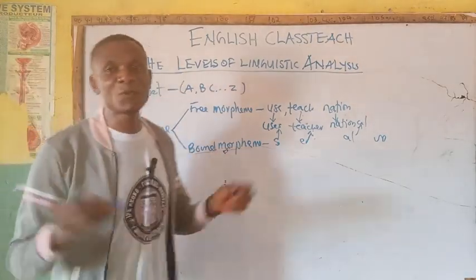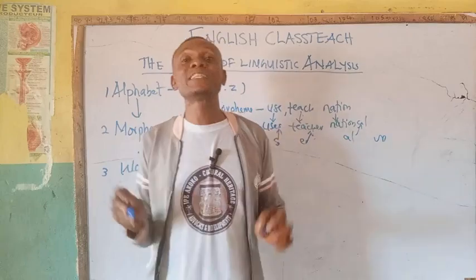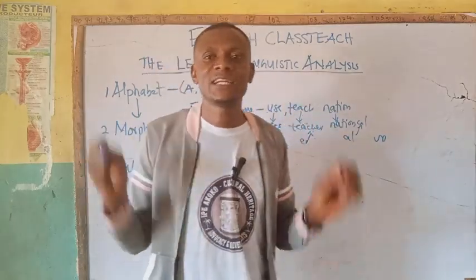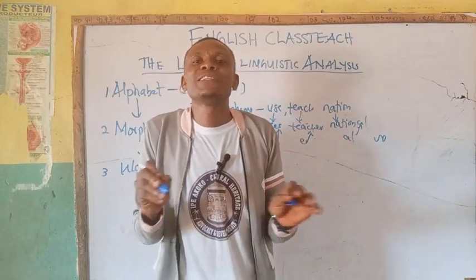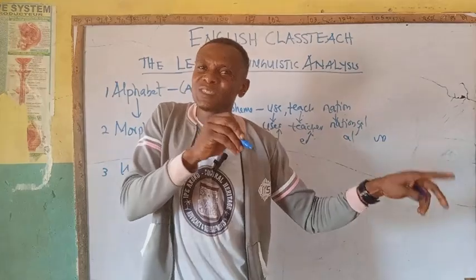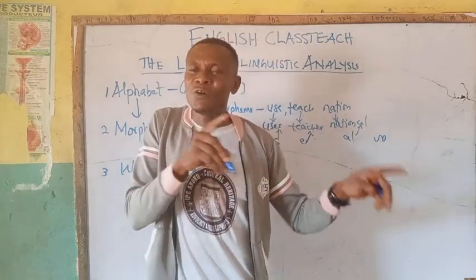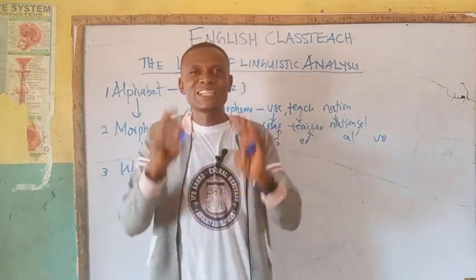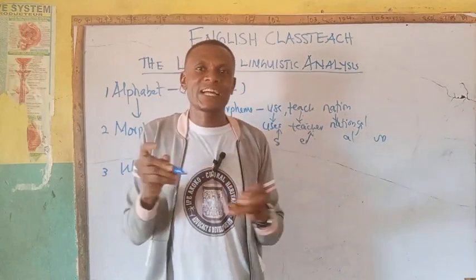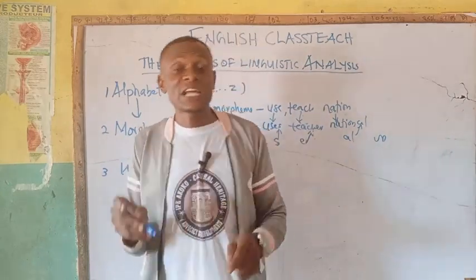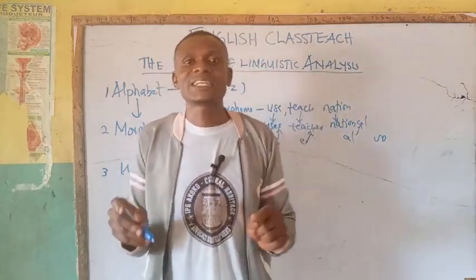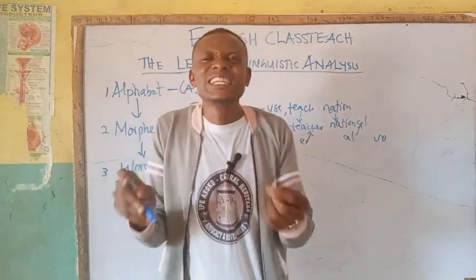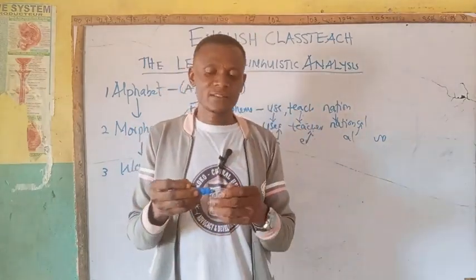And what is a word? A word is the smallest independent unit of a language that can stand without depending on another word, morpheme or letter. A word is a complete form of letters. Get it? That is why I say it is the smallest independent unit of a language that can stand alone in speech or writing.